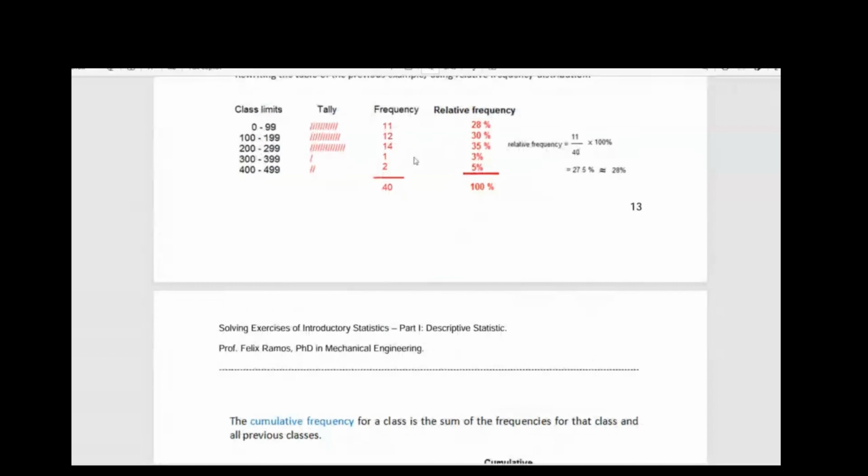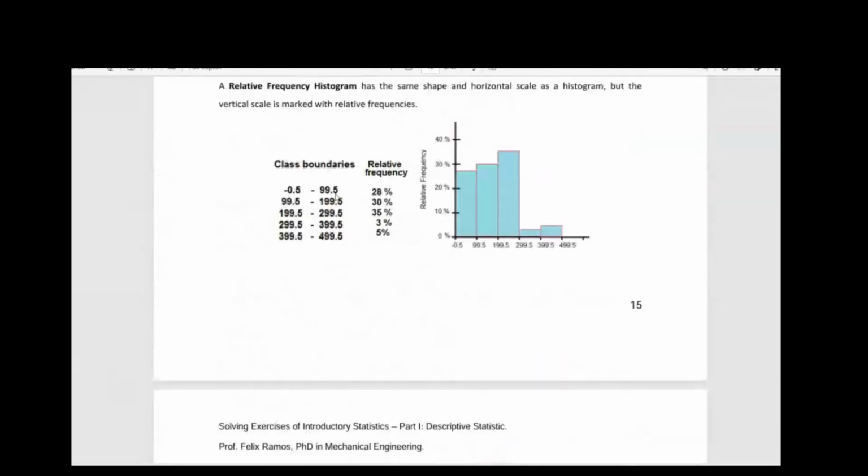In this case, instead of using the actual frequency in the y-axis, we use the relative frequency, so in percentage.